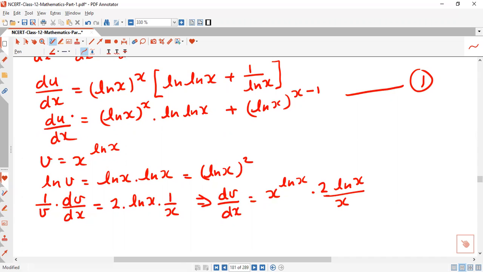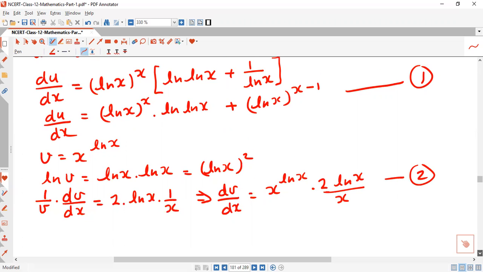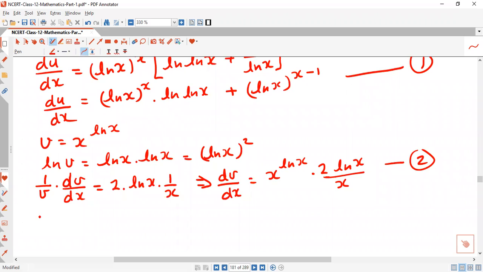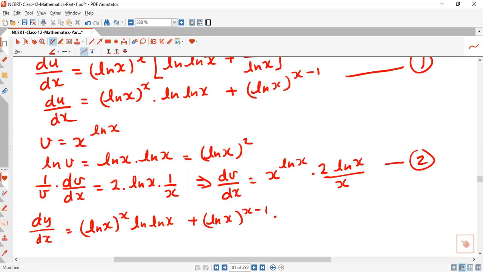So you combine both answers, equation number 1 and equation number 2, and you get the answer. Because these are easy terms, I can show you here that dy by dx comes out: log x raised to x times log of log x, plus log x raised to x minus 1, plus 2.